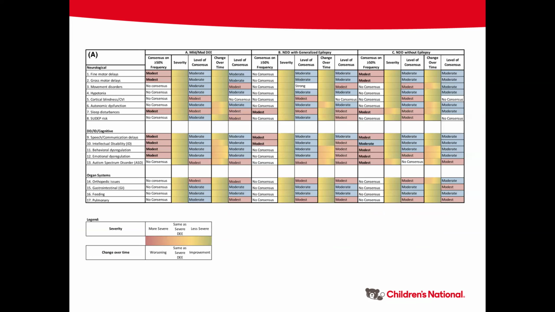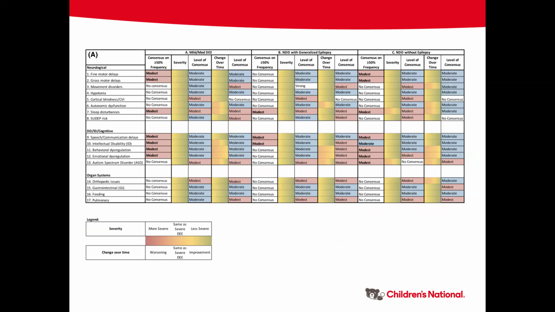In the other phenotypes, there was really not as much consensus. It's not as clear about the comorbidities that exist with the other phenotypes, and that was an area where we think we need more active research.